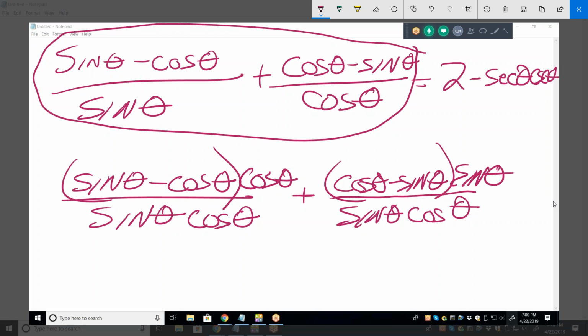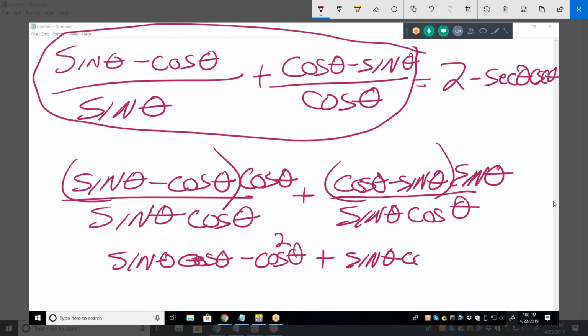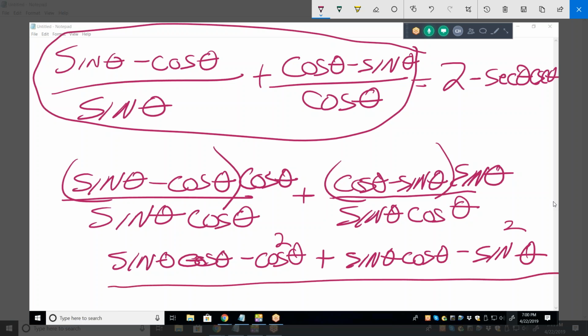So the top becomes sine theta cosine theta minus cosine squared of theta plus sine theta cosine theta minus sine squared of theta, all over sine theta cosine theta. Okay?